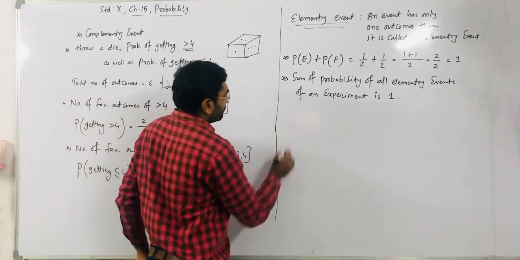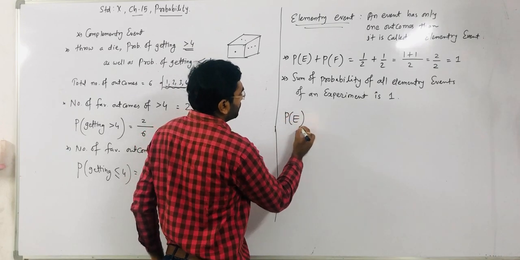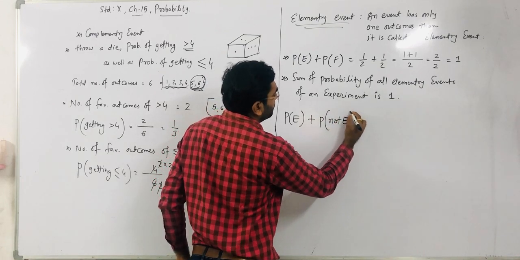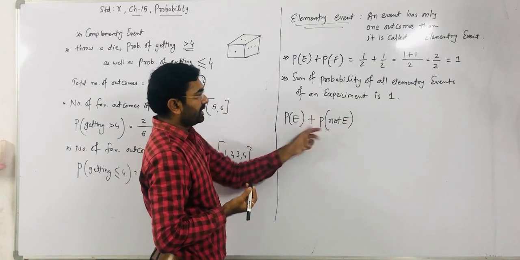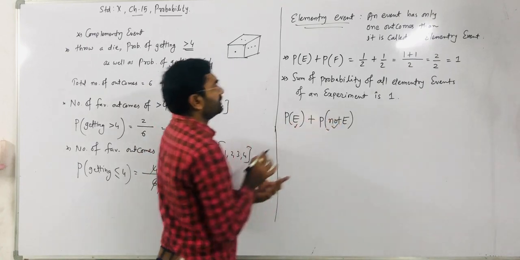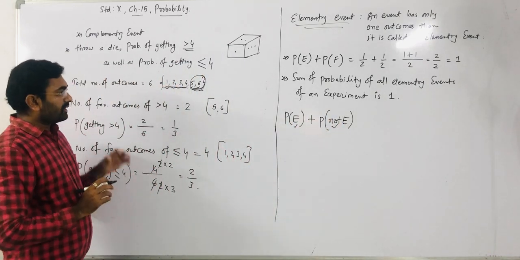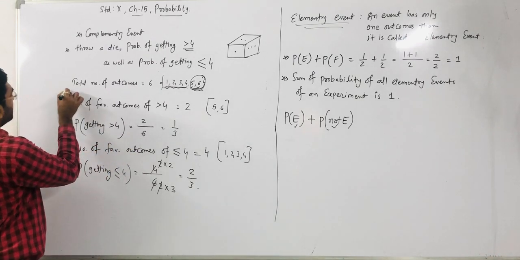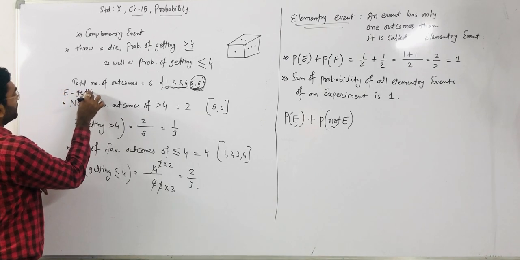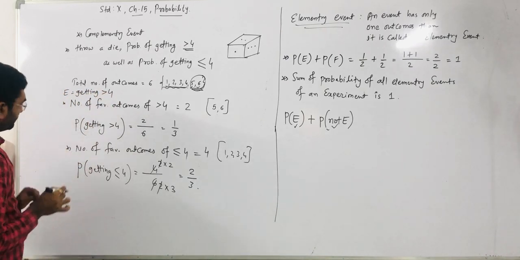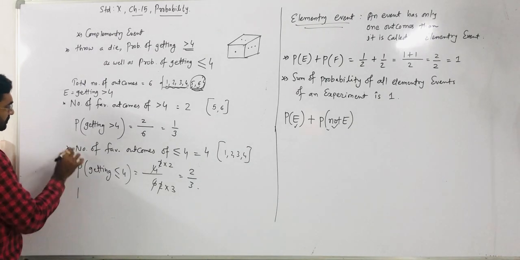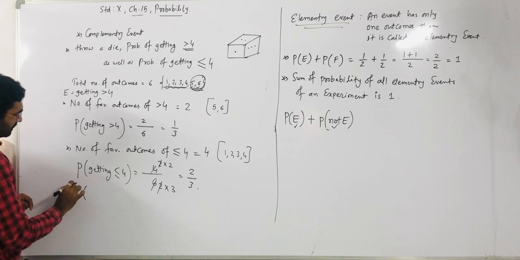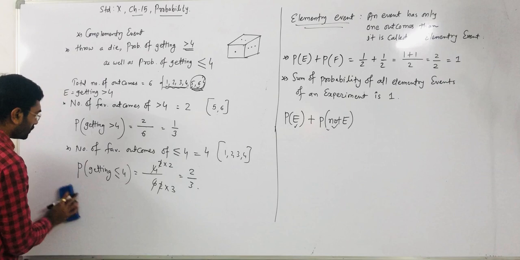Okay. Suppose I say P of E. This is an event. But whenever I say the probability of not E event, it's the complementary event. Right? So these two events are called complementary events. Now I clear that with this one. See, suppose I take the event E as getting a greater than 4 outcome. This is the event E. And this is not E event.